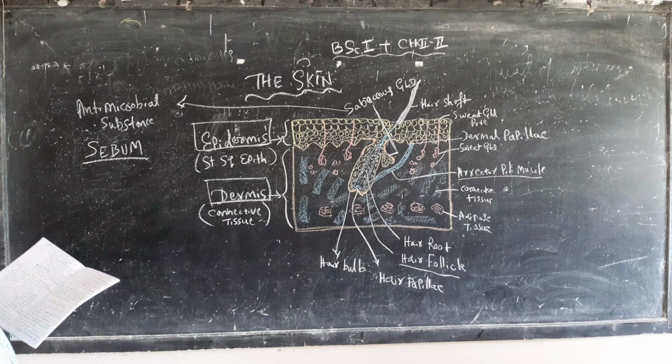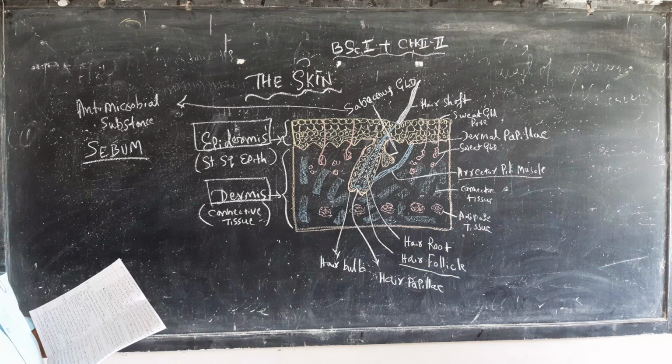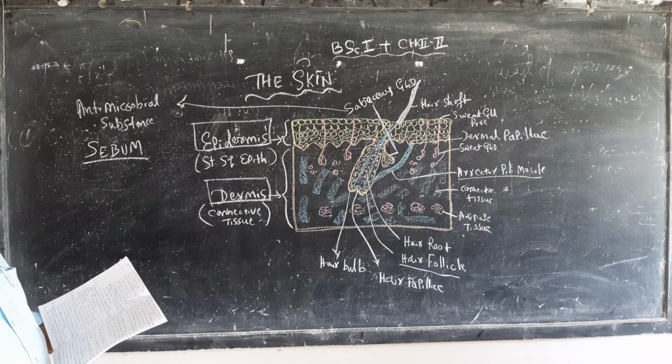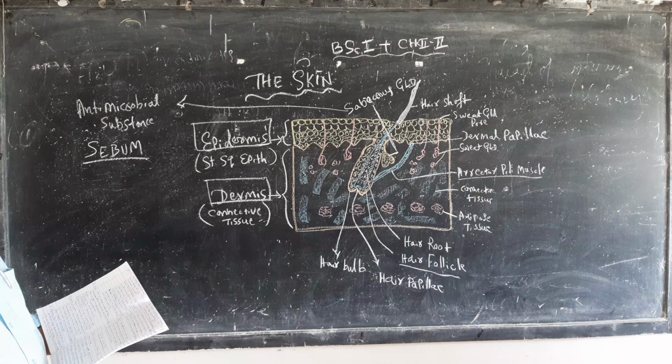The sebaceous gland produces or secretes an oily antimicrobial substance called sebum in the hair follicle, and later it is passed on to the skin.